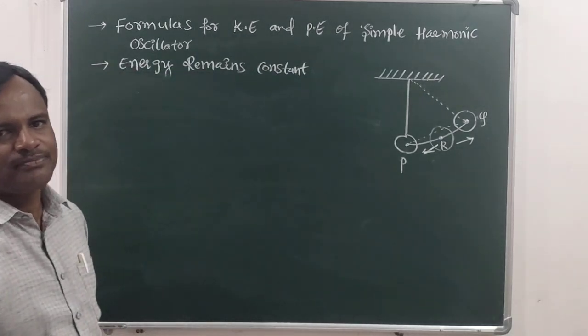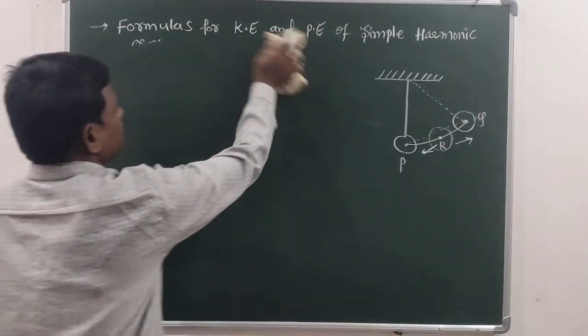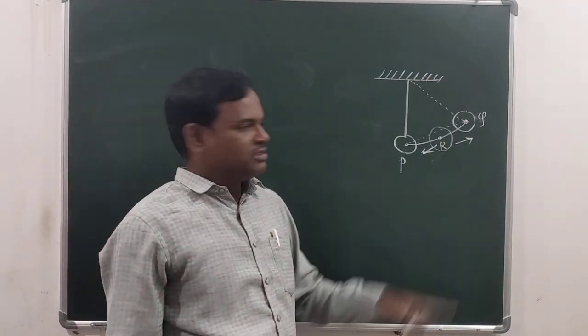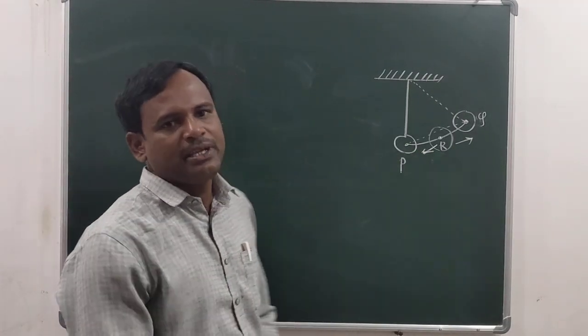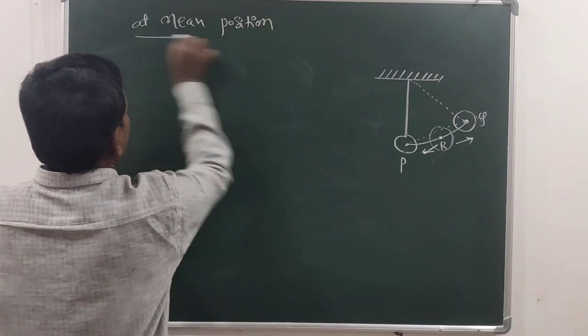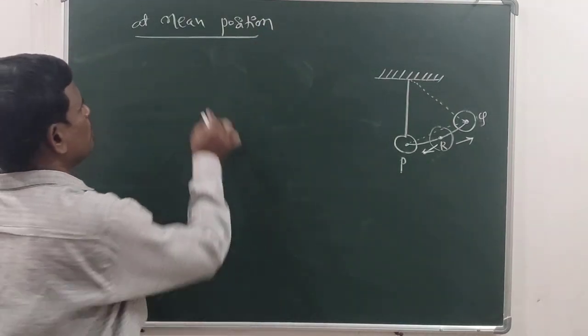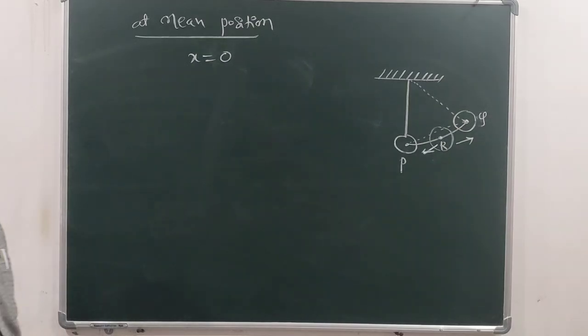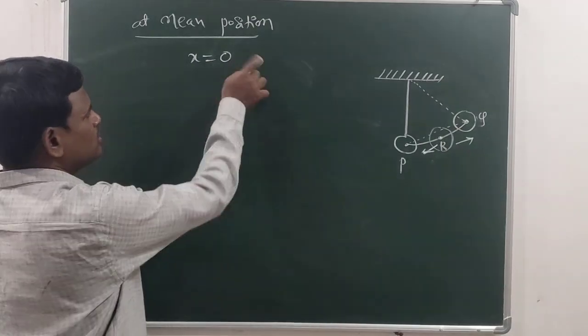Now, let us discuss that energy remains constant in the path followed by that simple harmonic oscillator. See, first I would like to check the energy at P, at mean position. At mean position, you know students, x equal to 0. Am I right? Because no displacement. So x is 0.